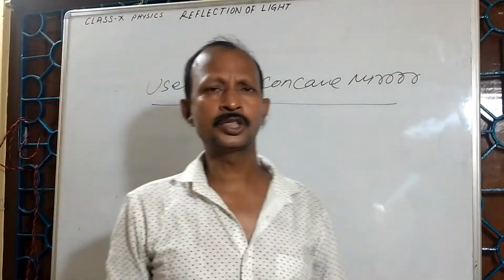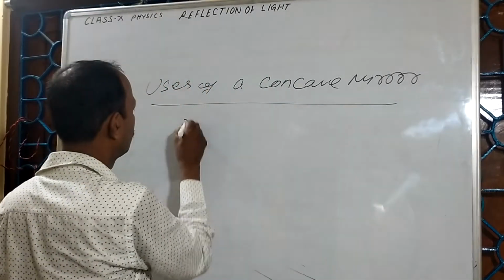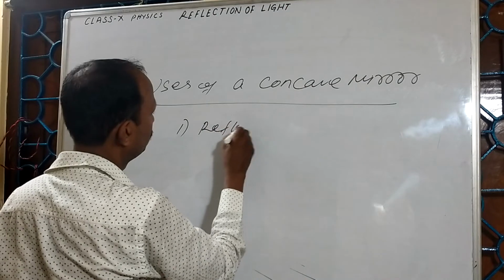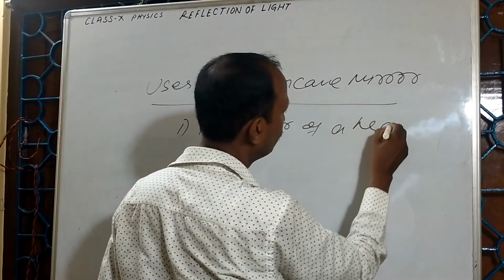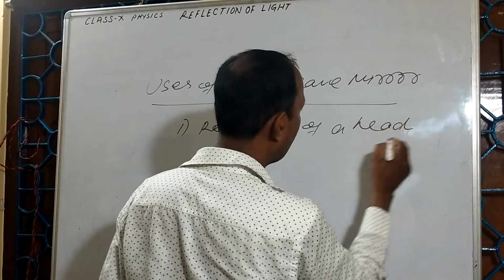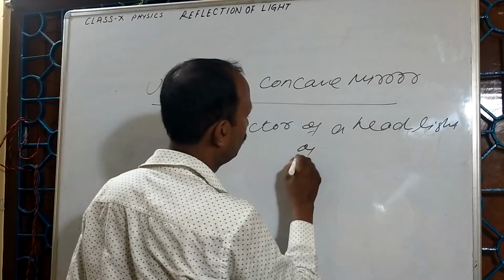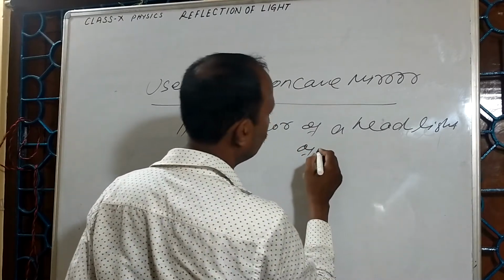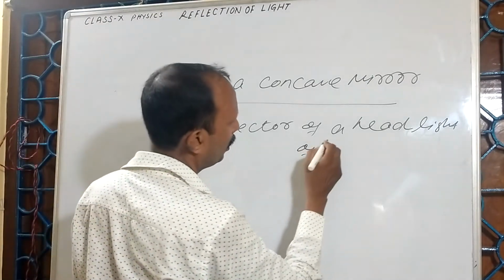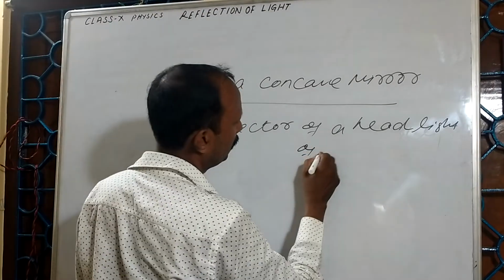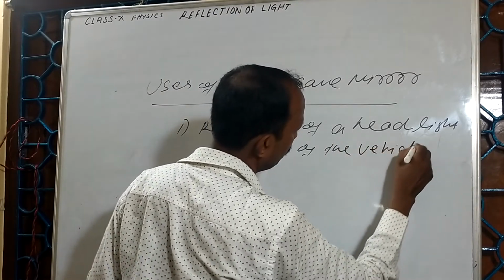So we use a concave mirror as the reflector of a headlight of a vehicle.